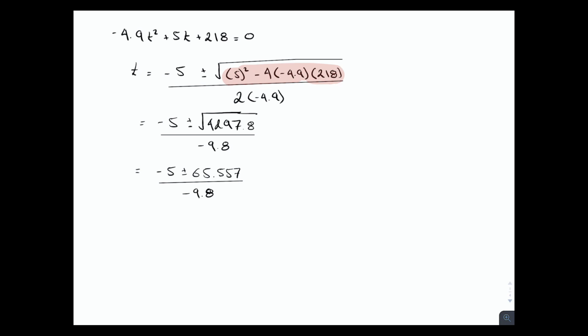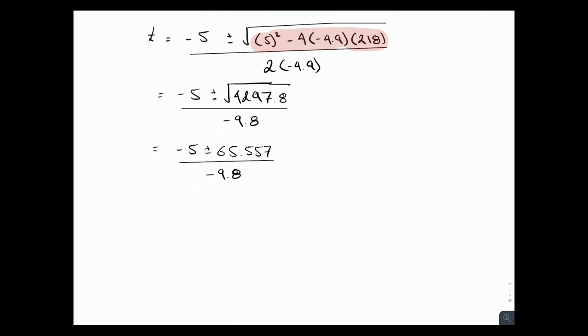At this stage, I'm going to get a positive answer and a negative. The negative will occur when I take the positive of the 65.557, because then it'll be greater than 0, and divided by a negative, it'll be negative. So the answer which will work for me is going to be this negative one here. So let's see what happens.